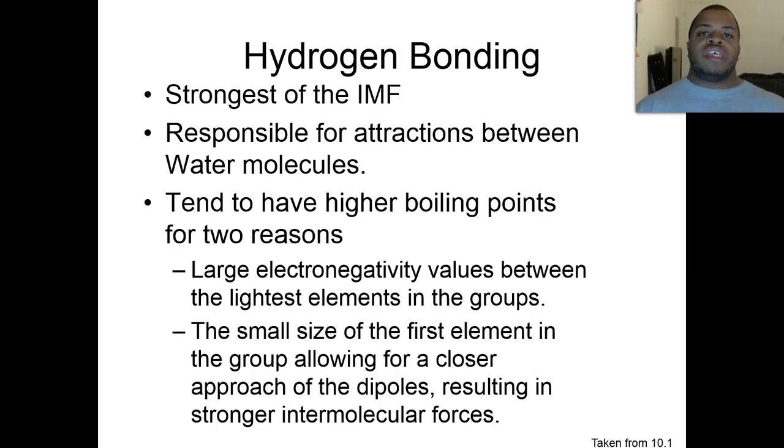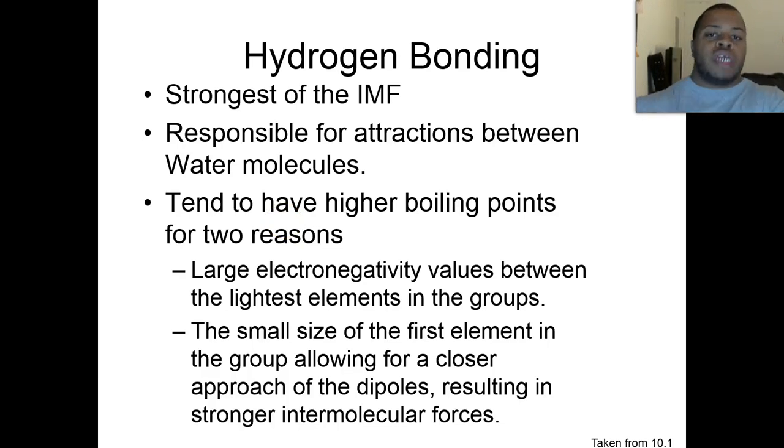We're going to end up with a similar type of dipole scenario, but it involves the hydrogen of one compound being attracted to the highly electronegative atom of another compound. Notice again, for hydrogen bonding, it's the hydrogen of one compound being attracted to the highly electronegative atom of another one, like oxygen or fluorine or something along those lines.